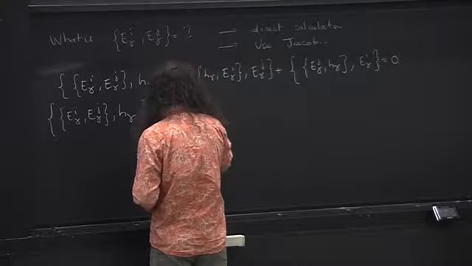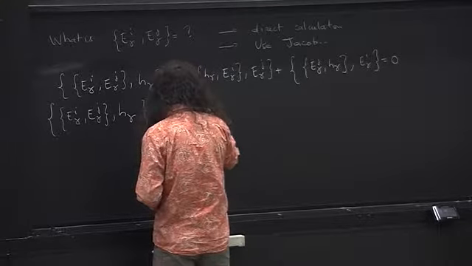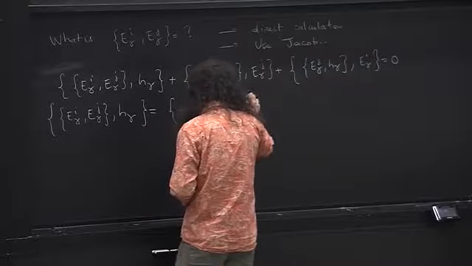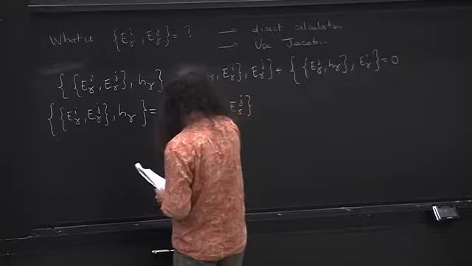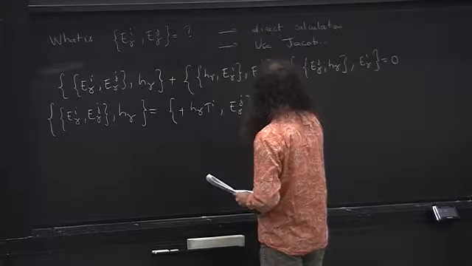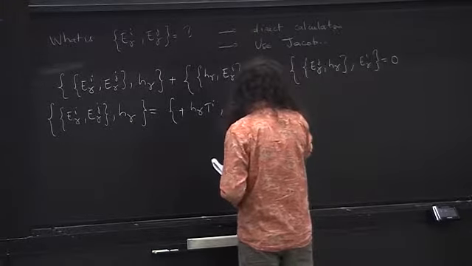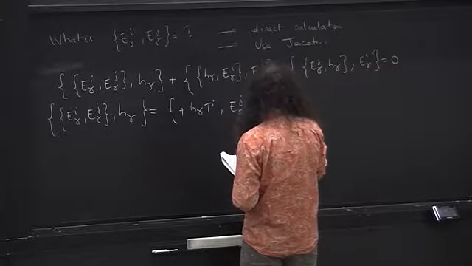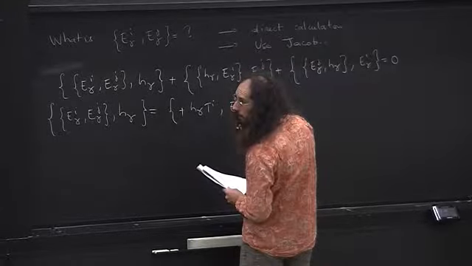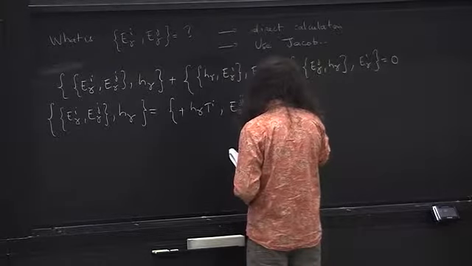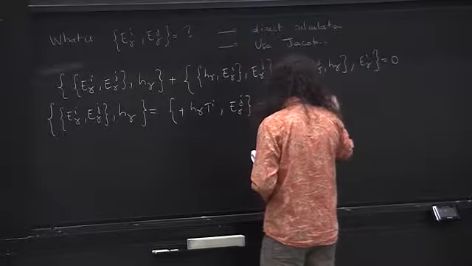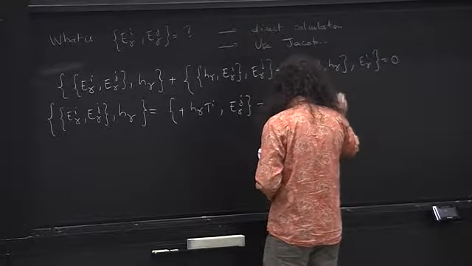So it's minus h_γ T_i with E_γ^j, and so that's going to be a plus here, and then minus, so that's plus h_γ T_j E_γ^i.